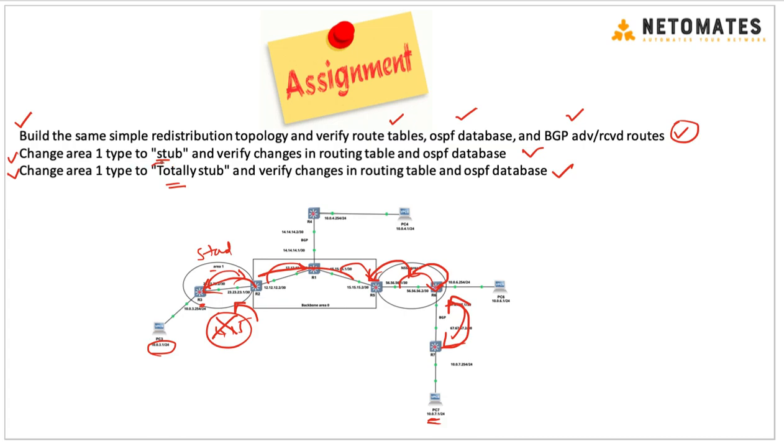So try to play with the area type in area 1, change it to stub, and see if everything is the same as before in the routing tables. It will not be the same, and you need to make some configuration changes to make the communication work. Then do the same when you change it to totally stubby. Okay, that's all for this class.